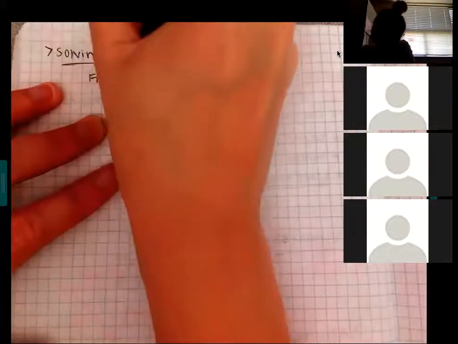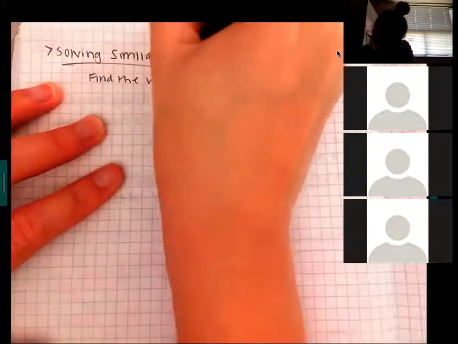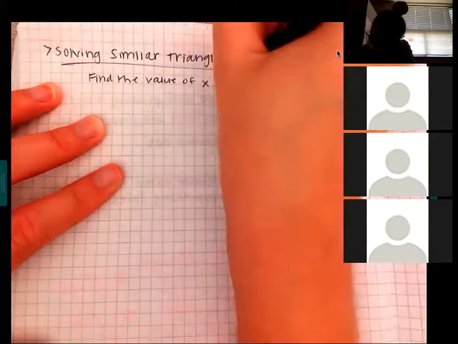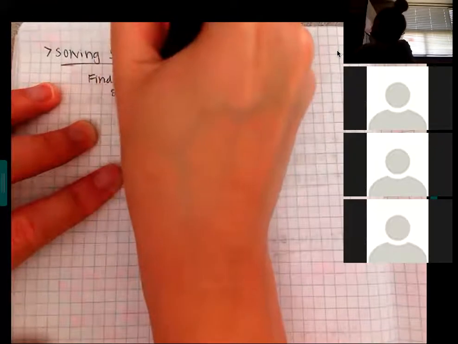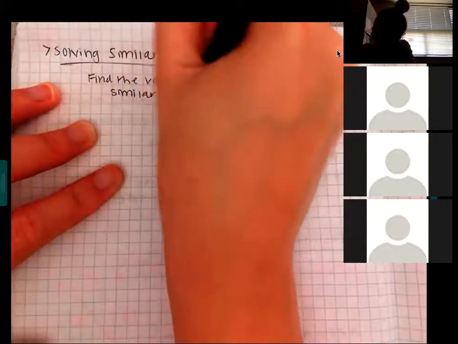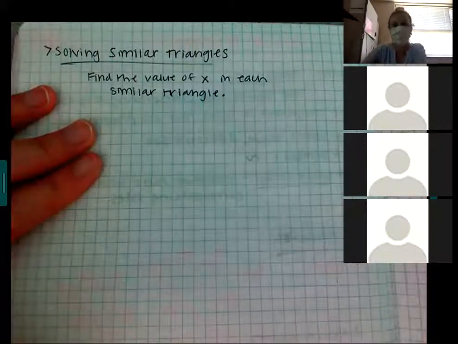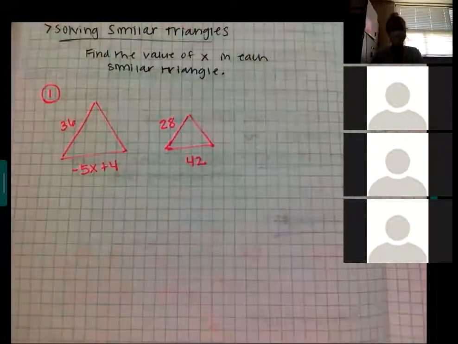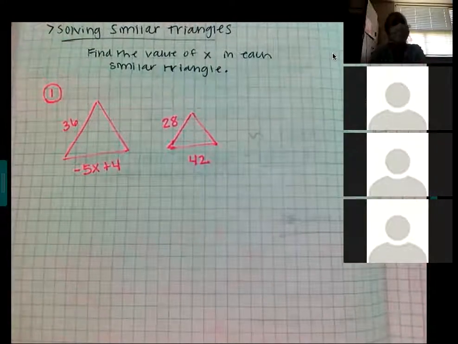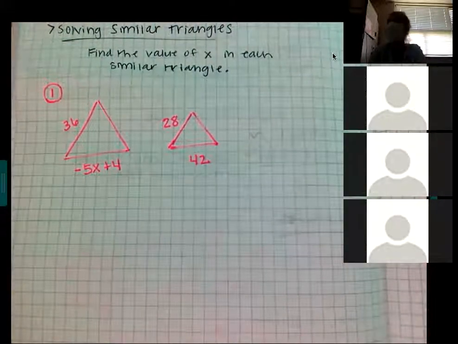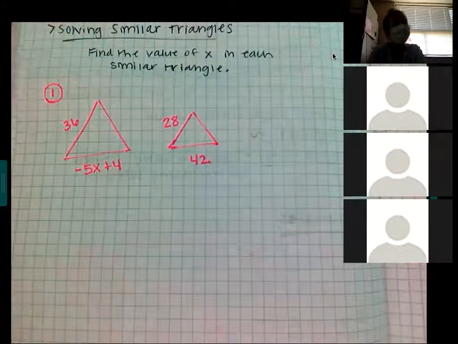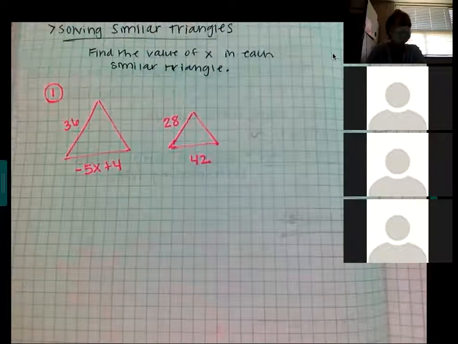So for each of these, we're going to find the value of x in each similar triangle. So while you're copying down example 1, these are already similar. I already told you in the directions they're similar, so you're not trying to prove that to me. You need to solve the similar triangles and find the value of x.